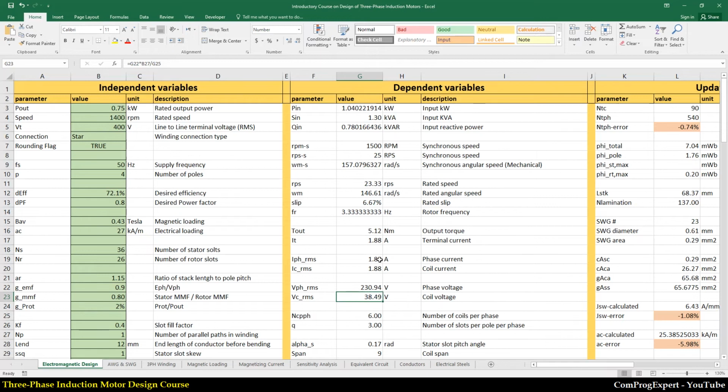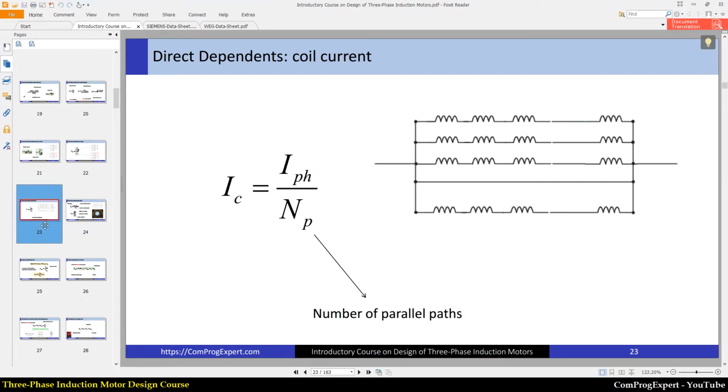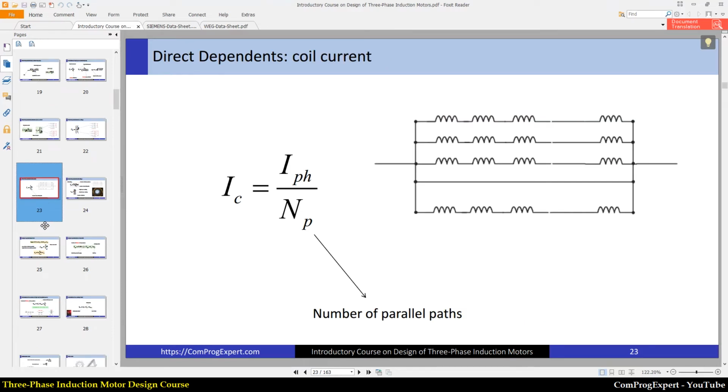So we calculated the terminal current and phase voltage, and now we are going to calculate the coil current and coil voltage.